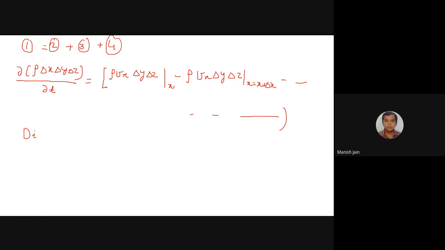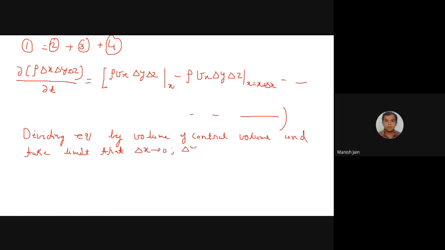So dividing the equation by the volume of the control volume, and take the limit that delta x tends to 0, delta y tends to 0, and delta z tends to 0.